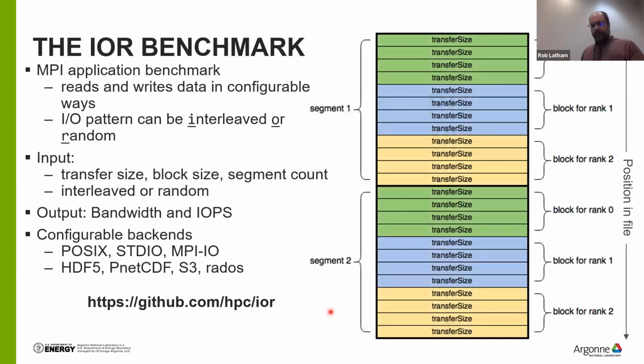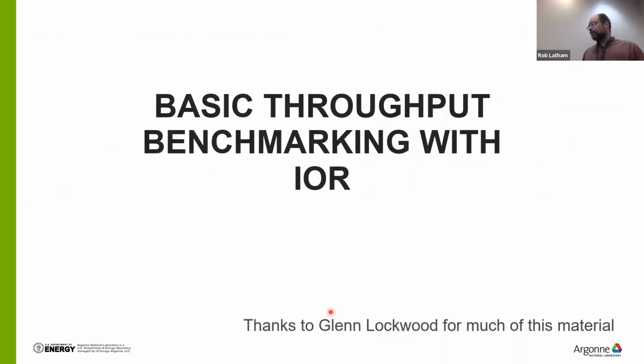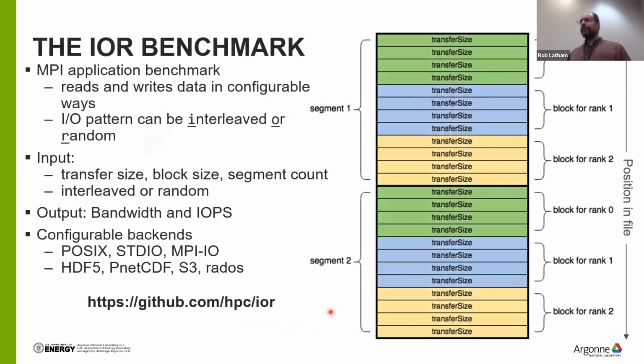First, I want to thank Glenn Lockwood, a longtime friend of MCS, a friend of Argonne, who is now working at Microsoft, but is still the maintainer of IOR and this benchmark. Benchmarking in a parallel fashion is, in some ways, easy. You allocate some data, you write out to the file, you measure the times, and then you report it. But there are enough subtleties that it helps to have a community established benchmark.